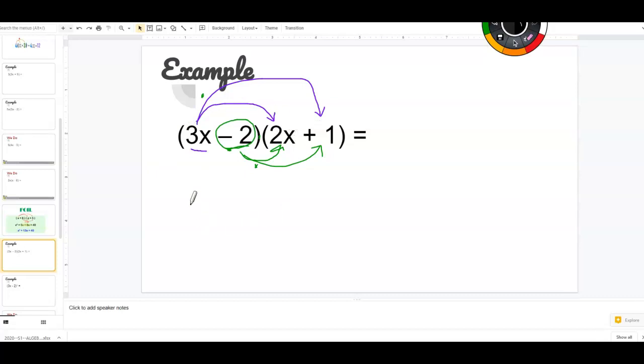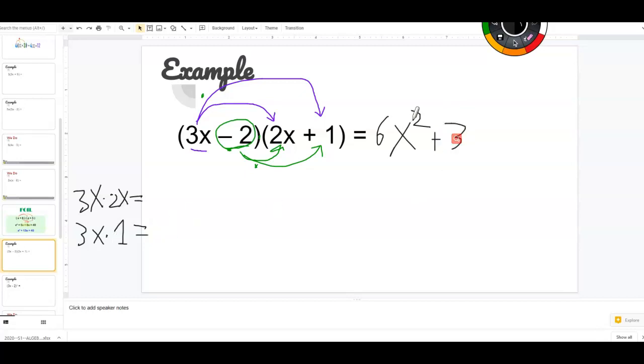3x times 2x. Let's put our work here. 3x times 2x. Number part, 3 times 2 is 6. X part, x times x is x squared. Okay. Second arrow, 3x times +1. Number part, 3 times 1 is +3, so +3.